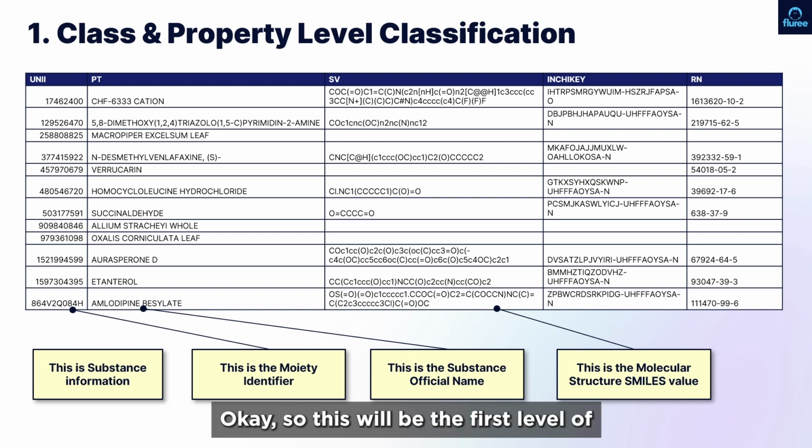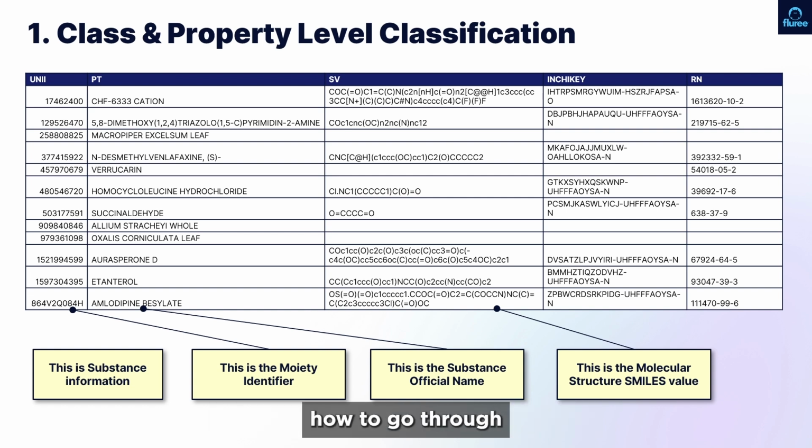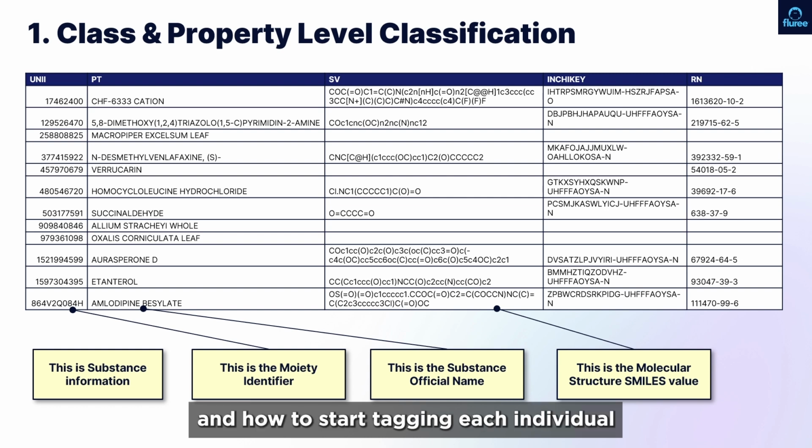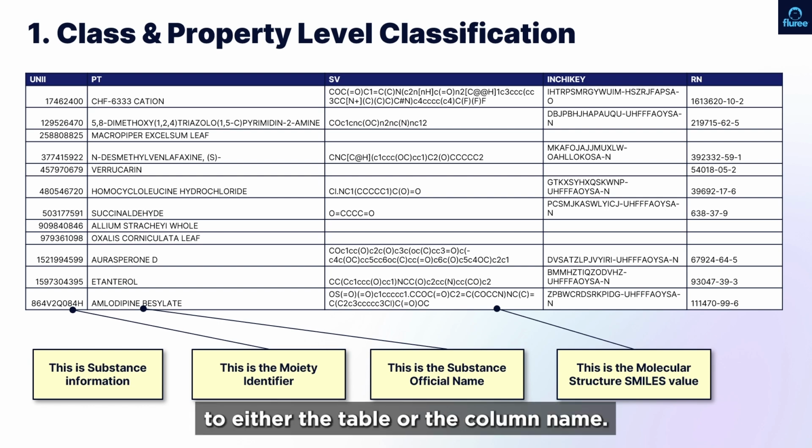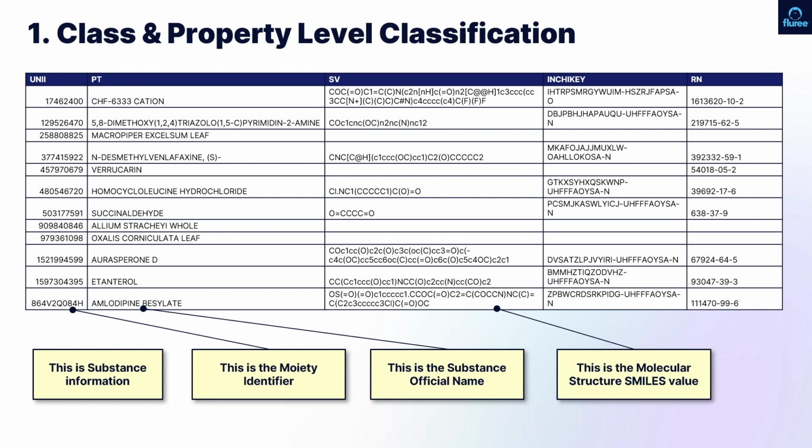Okay, so this will be the first level of classification, which is teaching machines how to start tagging each individual column, or tag a data table, to a term from my ontology, and then link and connect the ID of that term to either the table or the column name.